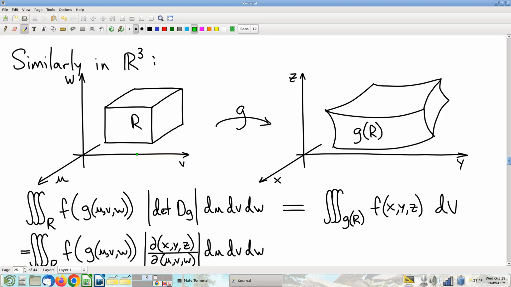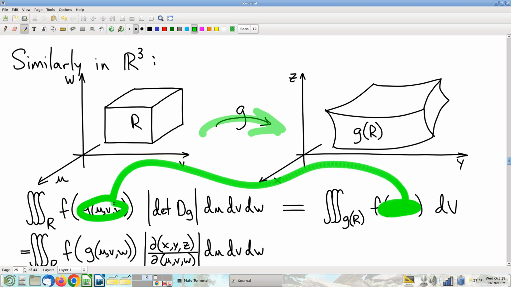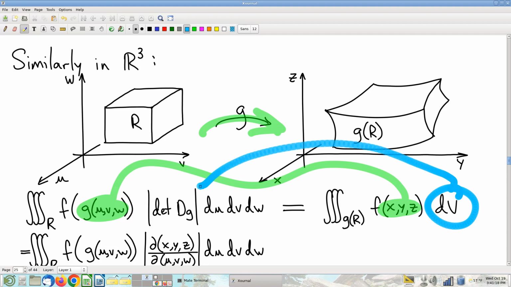And a lot of this is exactly the same. G gives x, y, and z as functions of u, v, and w, and so x, y, z is literally g of u, v, w. That's the plugging in part. There are little pieces of volume, not area, but volume now over here on the right that I'm going to need to rewrite in terms of u, v, and w. Again, I'm going to view them as being stretched out.